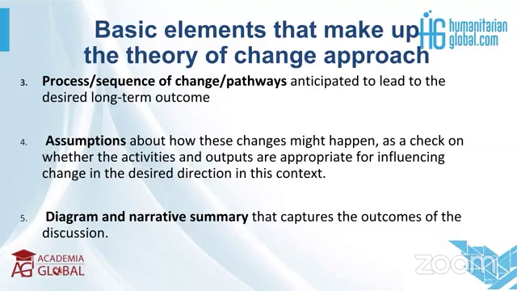Number 4 is the assumptions. We want to look at what assumptions we have about how these changes might happen. You want to check whether the activities and the outputs are appropriate for influencing the desired change or the desired direction in that particular context.